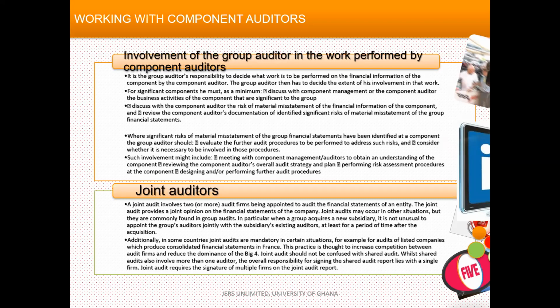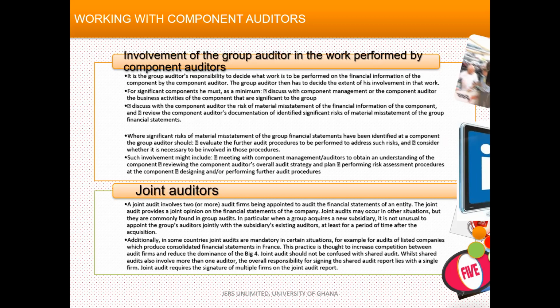Where significant risk of material misstatements, let me repeat that again, of the group financial statements have been identified at a component, the group auditor should evaluate the further audit procedures to be performed, right? And consider whether it is necessary to be involved in those procedures. So the group auditor has a lot of responsibility.